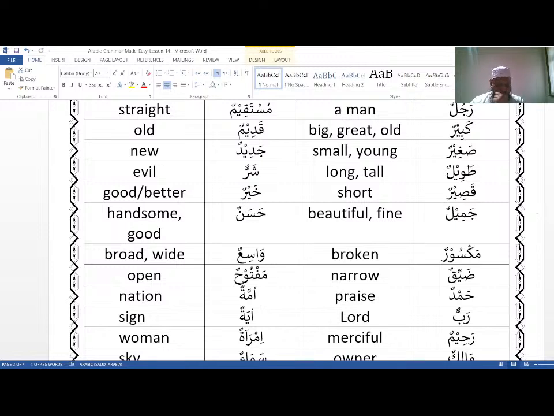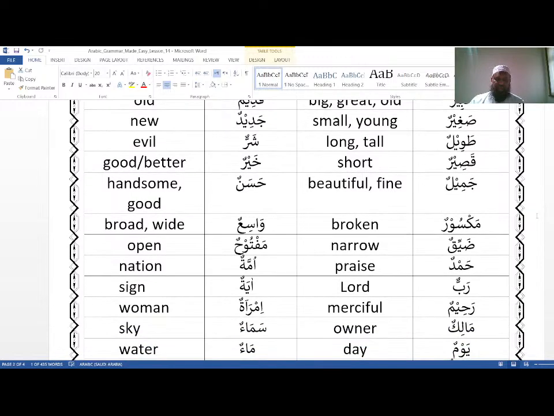So both: ta marbuta at the end, and also by definition it is muannas, woman. Sama'un, sky. Okay, who can tell me, is this ism mudhakkar or muannas? Look for the signs of muannas.